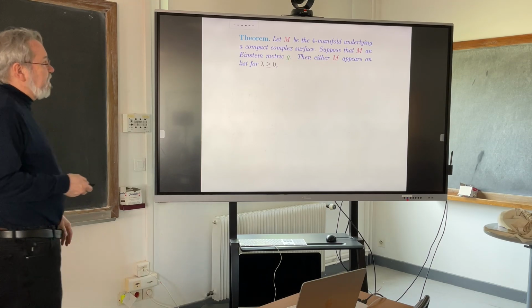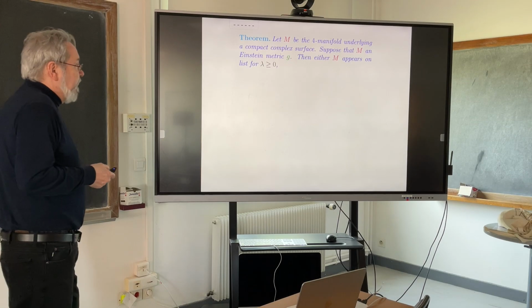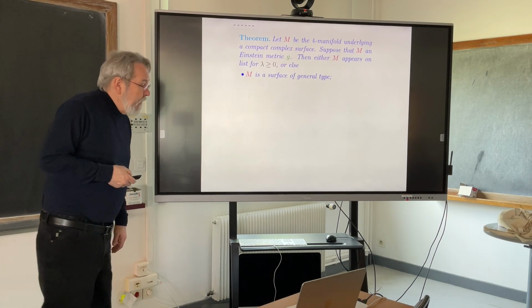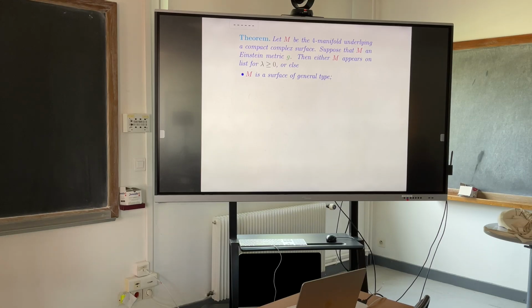Suppose that a complex surface has an Einstein metric on it, where the Einstein metric doesn't have anything to do with the complex structure. All right, so if lambda is greater than 0, we've already seen you can completely classify this. But maybe lambda is negative. What can you say then?